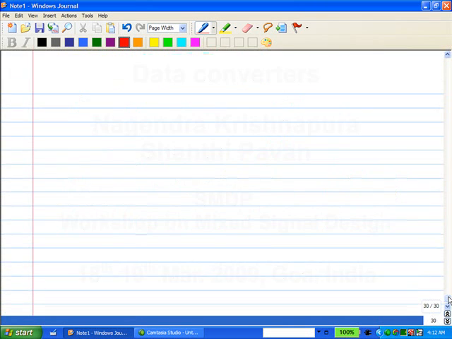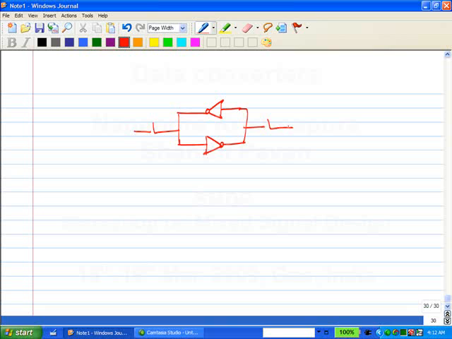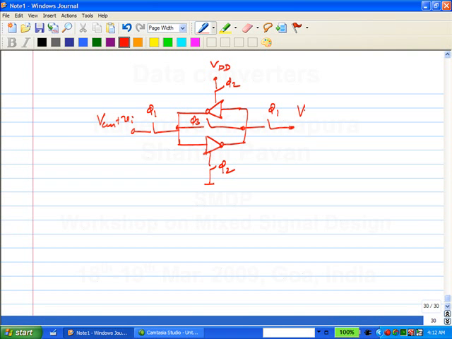So in other words, we take a standard latch. So what will happen now?